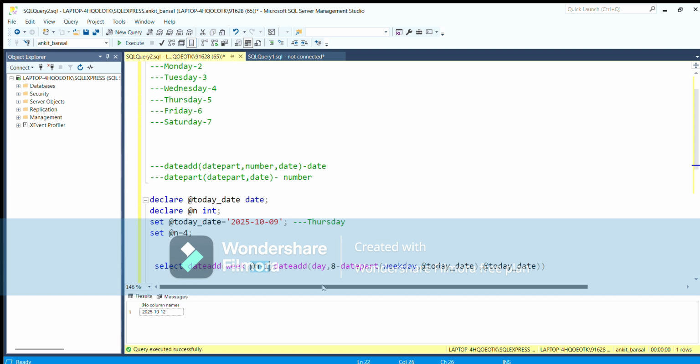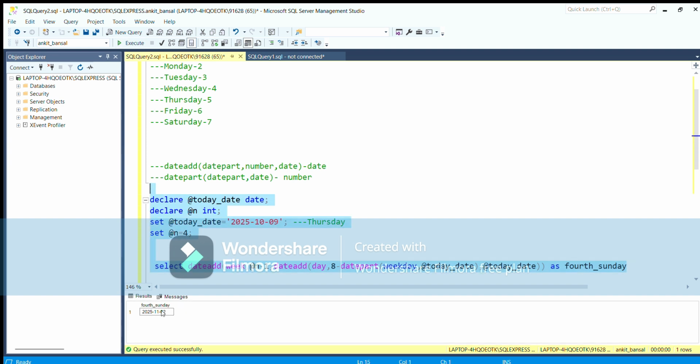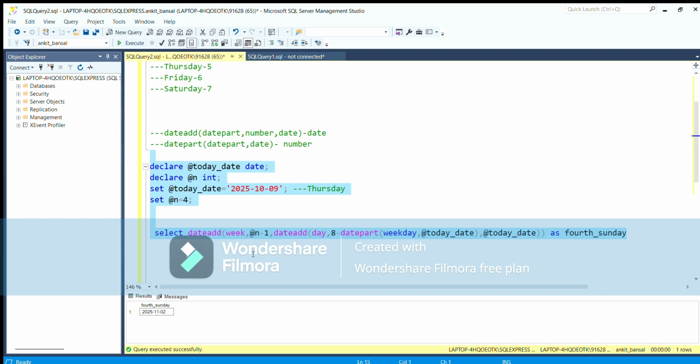It means it is 3, so it will give me a jump of 3 weeks. Let me add an alias over here as FourthSunday. If I run it again, I will get the fourth Sunday, which is 2nd November 2025.